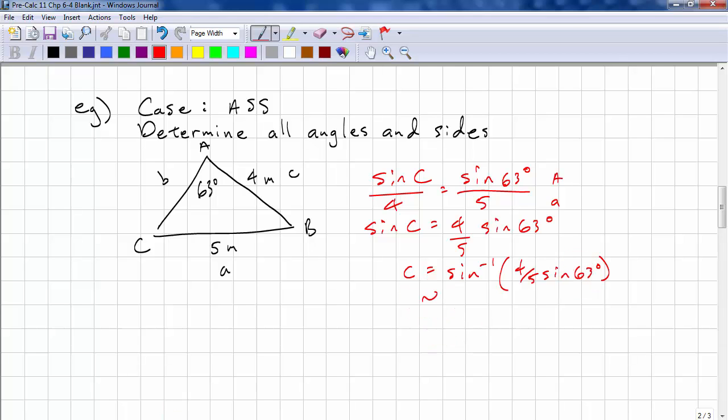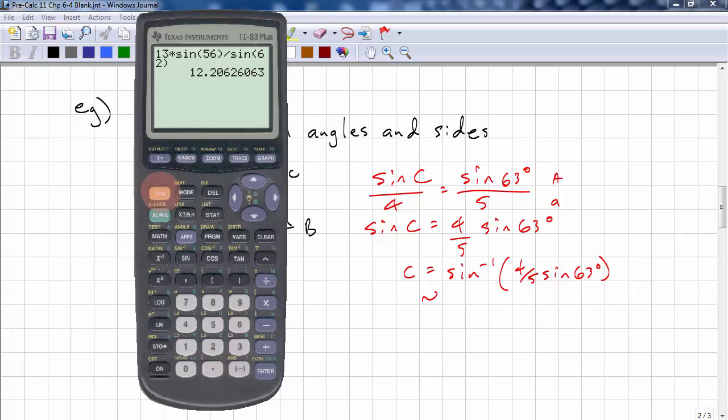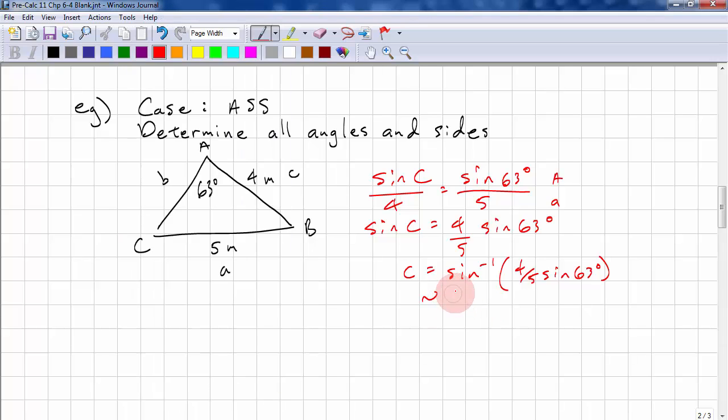Now, we'll go to the calculator, inverse sine, 4 sine 63 divided by 5. And be careful where you put your brackets. We have a right bracket, then divided by 5. Do not put the 63 divided by 5 and then 2 right brackets. Enter. So we have 45 degrees.